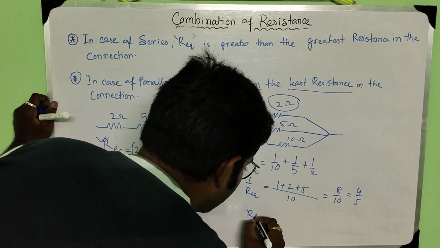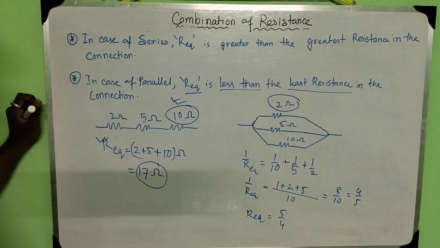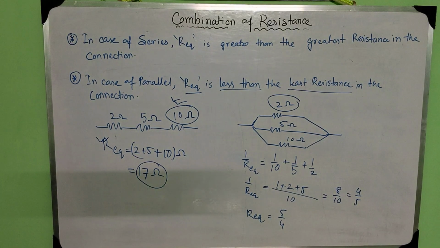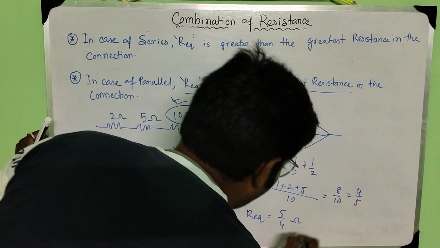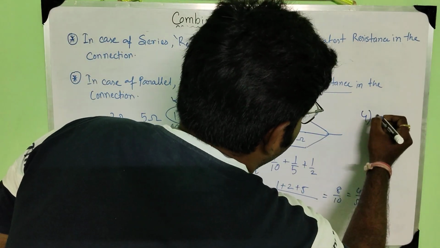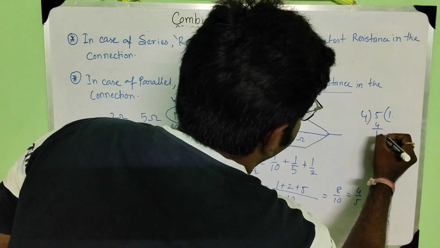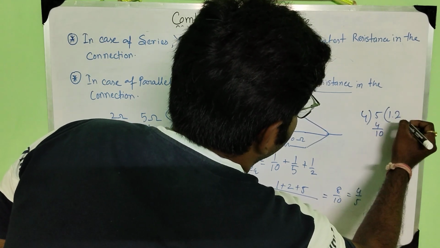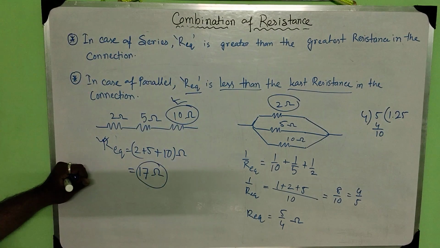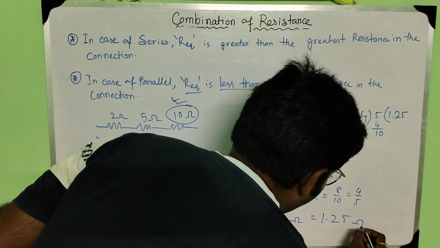That means R equivalent will be 5 by 4 ohm, and if I do the division, it will come as 1.25 ohm.